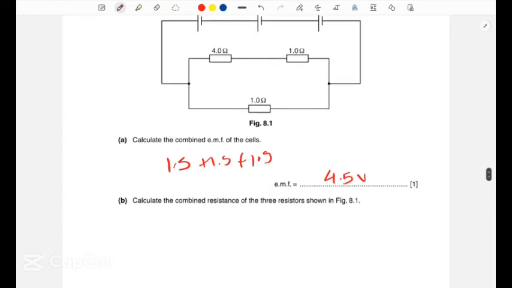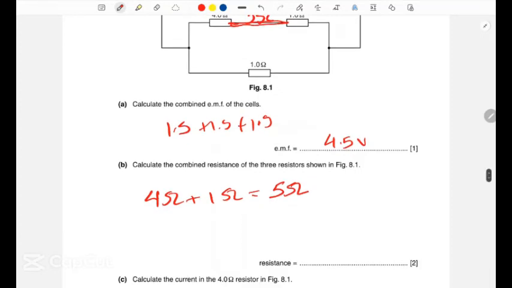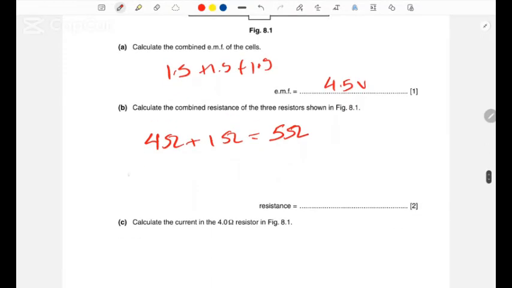So we would do the same step. First we combine these two. We can add 4 ohms plus 1 ohm, which would give us 5 ohms. Now we have this 5 ohms, which is parallel to the 1 ohm resistor. So we use the parallel formula, R1 times R2 over R1 plus R2.